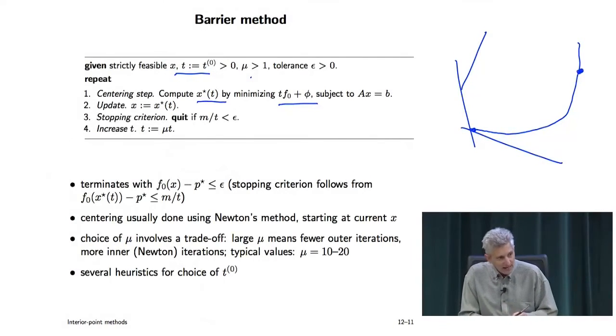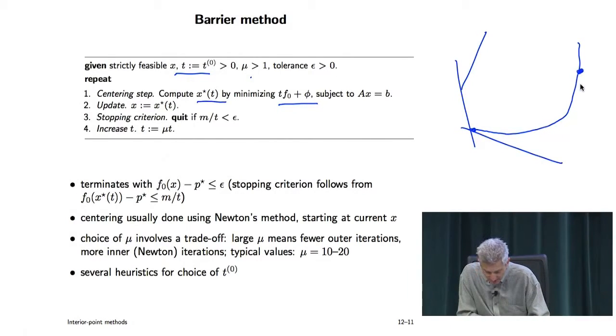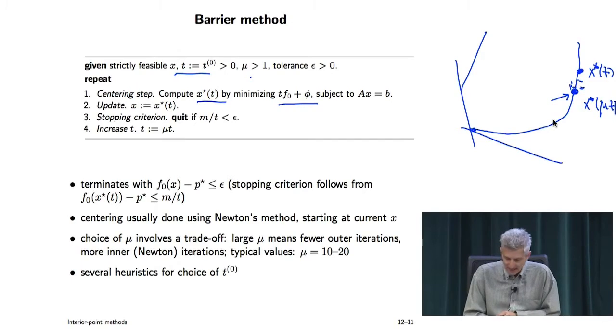Then what happens is, starting from this point, you apply Newton's method and you bump around for a bit, and then you end up there. And this is x star of t, and this is x star of mu t. So that's the new point. And you can see what you're doing. You're sort of following this path. And there's a name for these methods, and there's a very good thing to know about these methods.